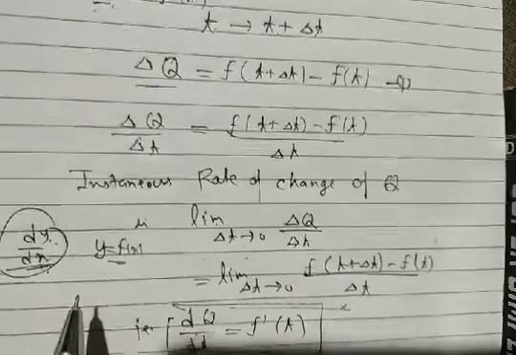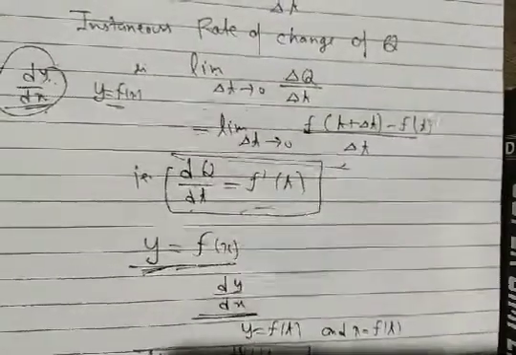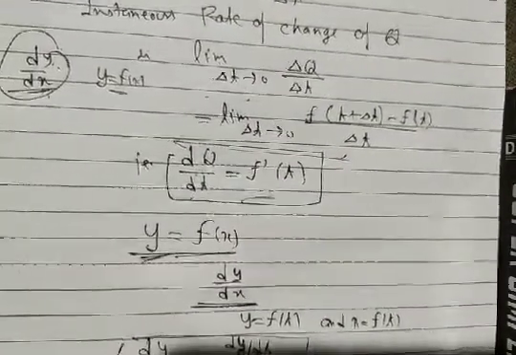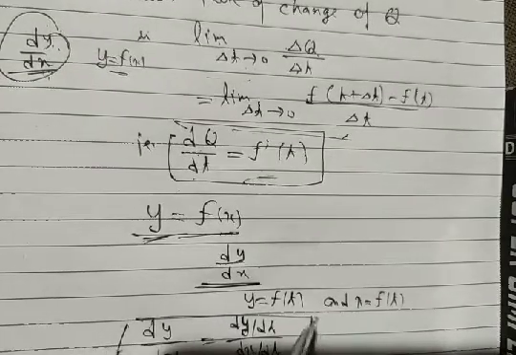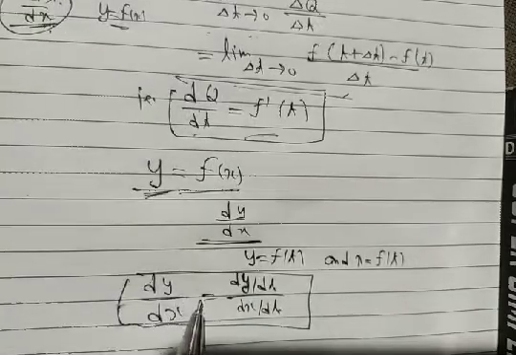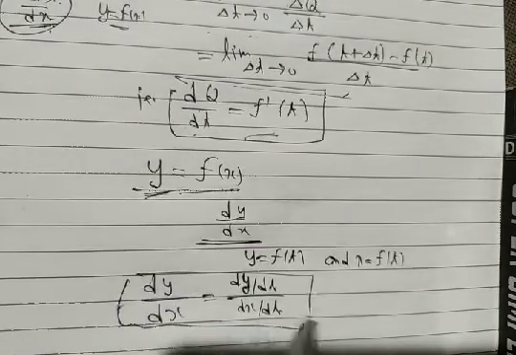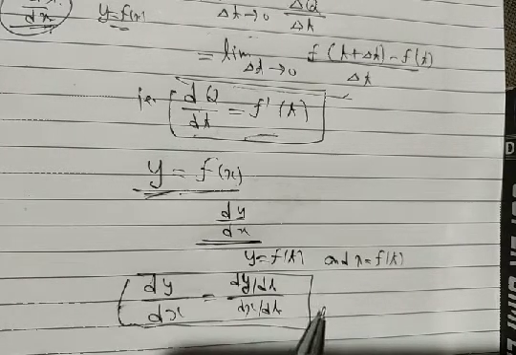Also, if two variables x and y are varying with respect to another variable t, then what is our dy/dx? dx/dt is the rate of change of x with respect to the instant t, and dy/dt is the rate of change of y with respect to the instant t.